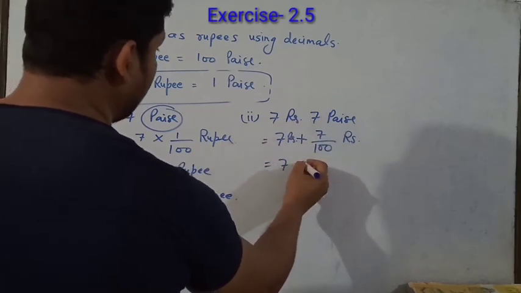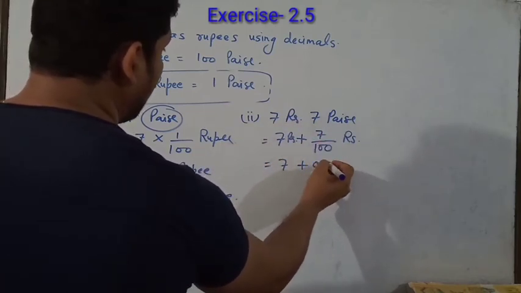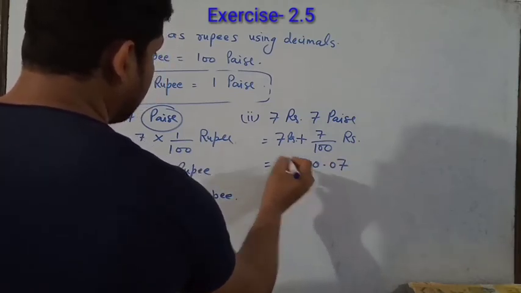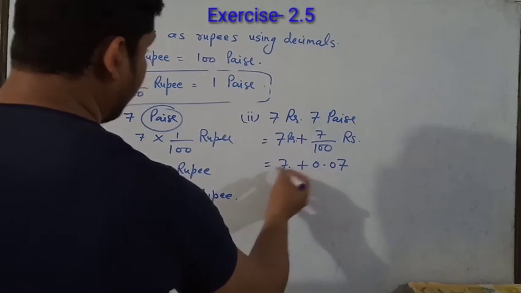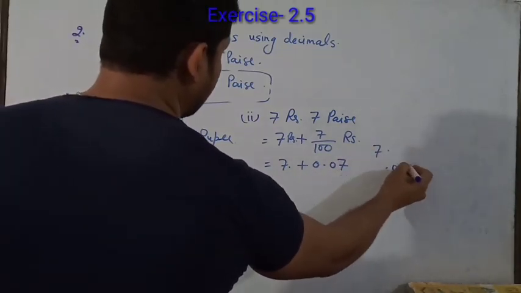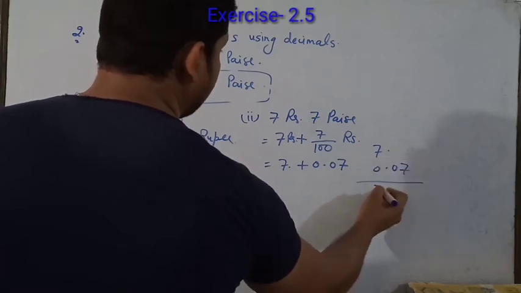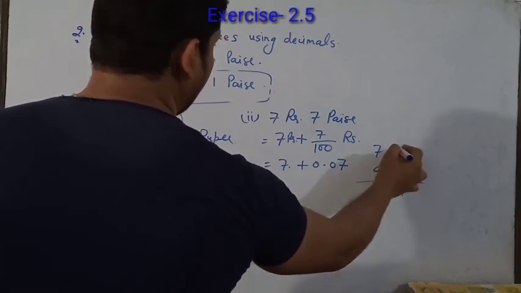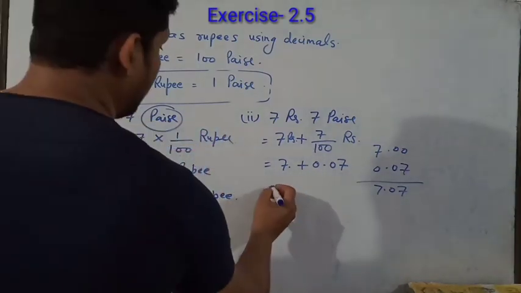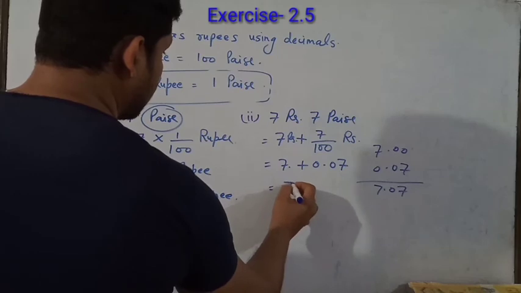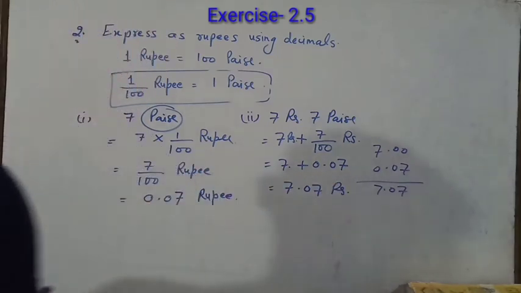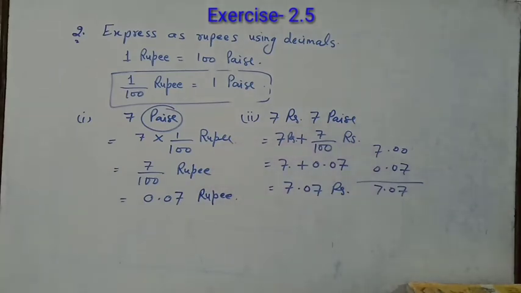Then 7 plus this is 0.07. When you add, 7.07 and 0.07, when we add any numbers, keep decimal under decimal. You cannot make a mistake. 7.07 rupees. This is the conversion to decimal.